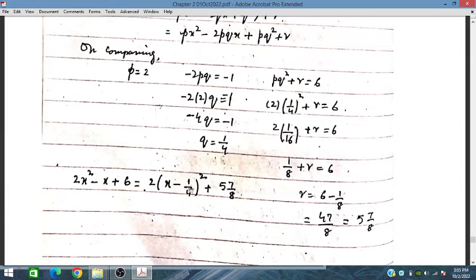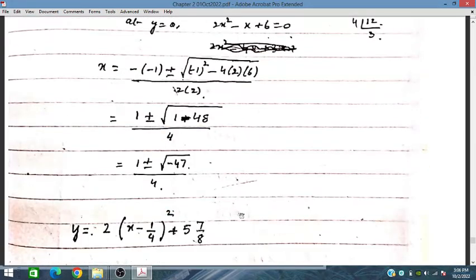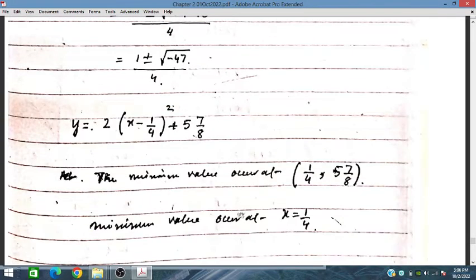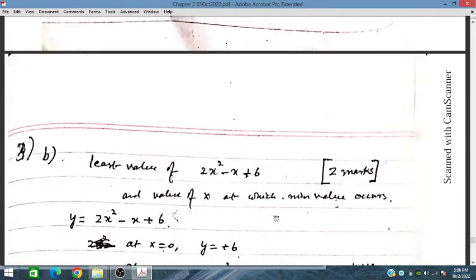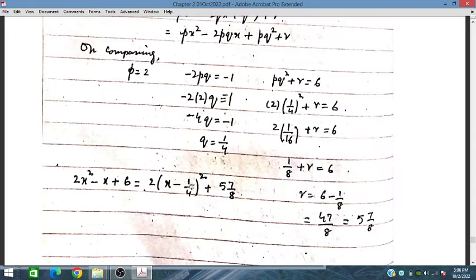Okay, so this is h and k. We have already solved it. So at this value of x we have the minimum value. The minimum value occurs at x equal to 1/4. So this is the value where the minimum value occurs.